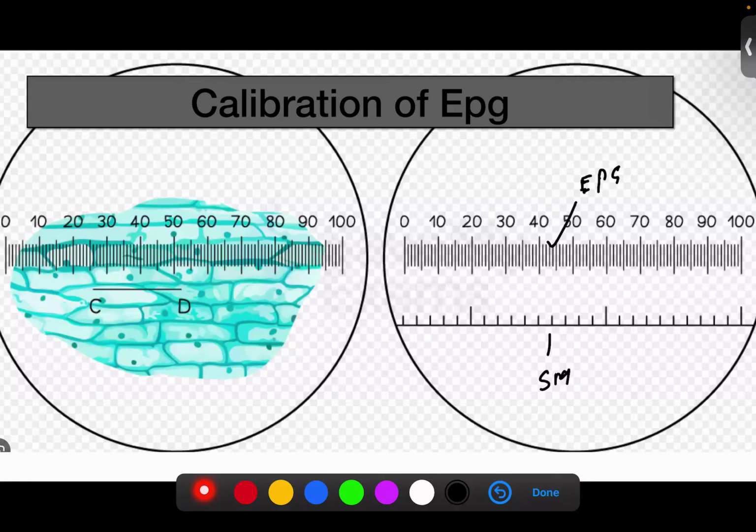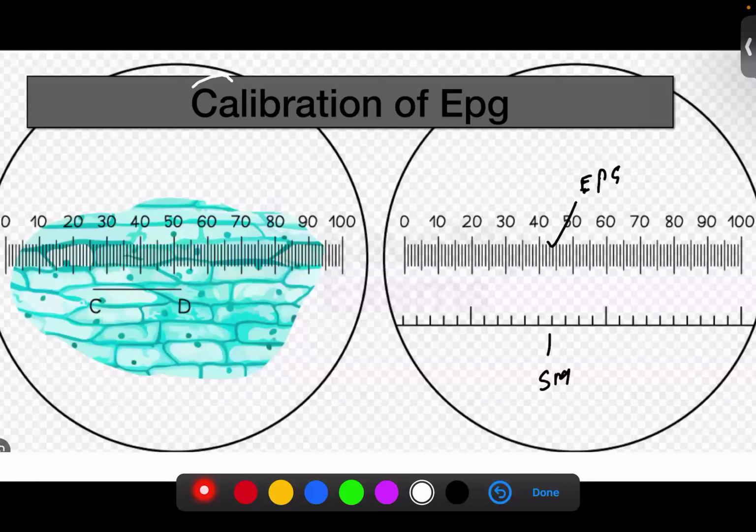They may not be parallel initially, but by rotating the eyepiece and by moving the stage right and left or back and forth, you can bring both the graticule and the scale parallel to each other. Once these two are brought parallel to each other, we will have to calibrate the eyepiece graticule.